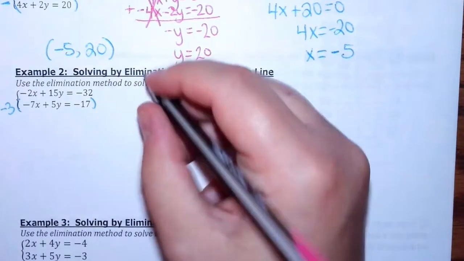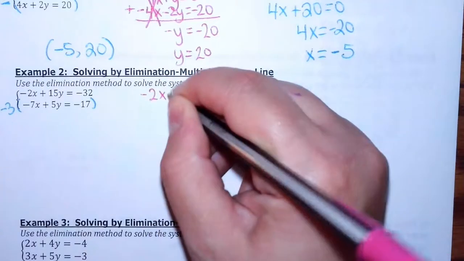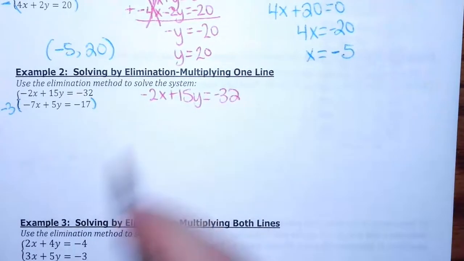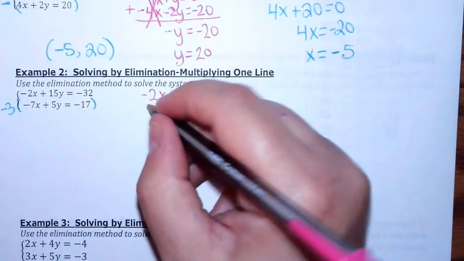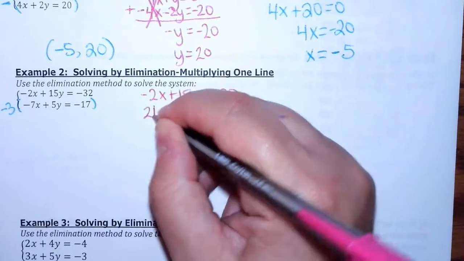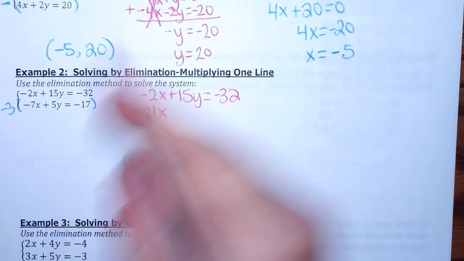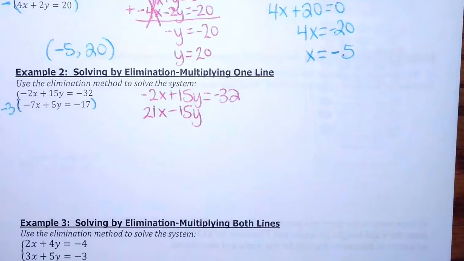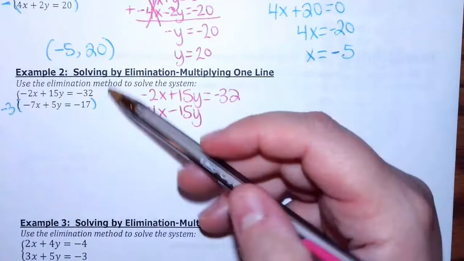I'm just going to copy that top line exactly as it appears. The bottom line, everybody gets multiplied by -3. Just run that -3 through. This will turn into positive 21x. This will be -15y, which is what we want because we want opposites on that same variable, and then we'll be able to eliminate it.